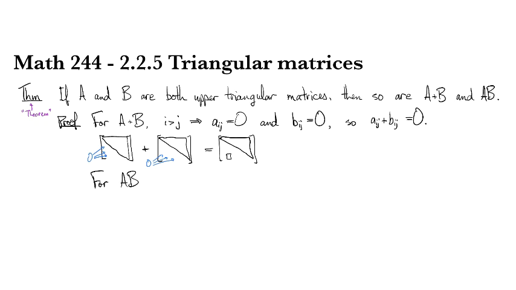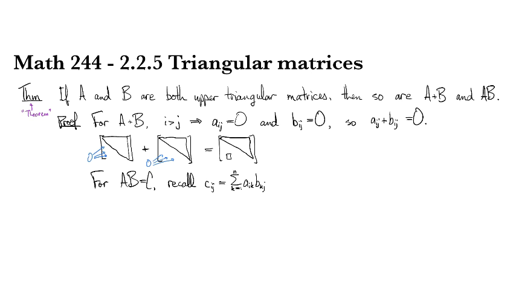product? So for the product, let's think about the definition. So the ijth entry of the product, so I'm thinking of C as the product of these two things, c_ij is equal to the sum as k runs down the length of these, a_ik b_kj, like that. So let's see, what does this look like?